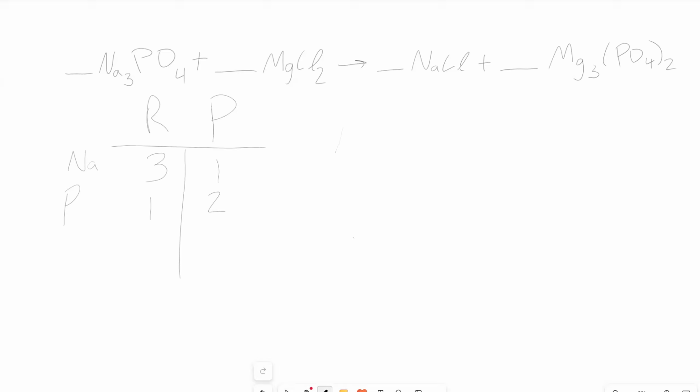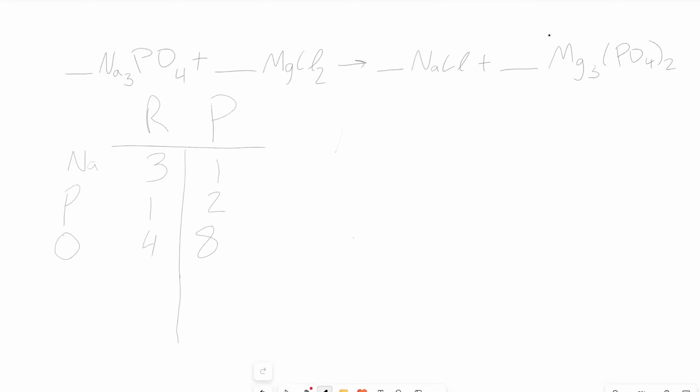And then the O: we have 4 on this side, and we have 4 on this side too, but we also have to multiply it by the 2, so we have 8 oxygen atoms on the product side. Next up, Mg.